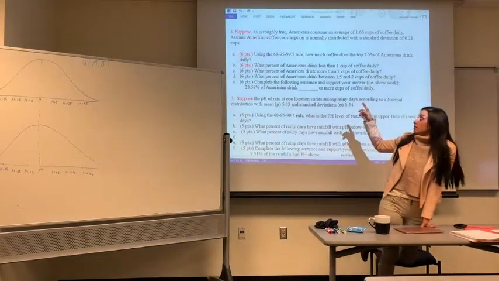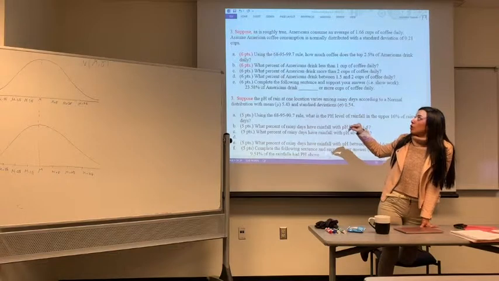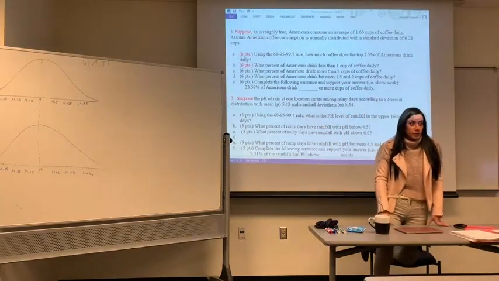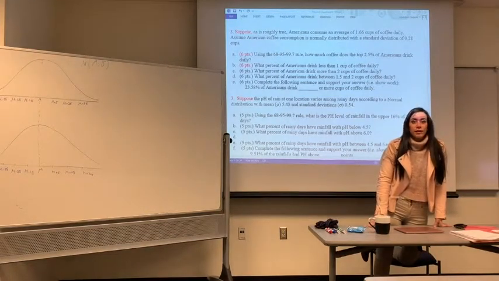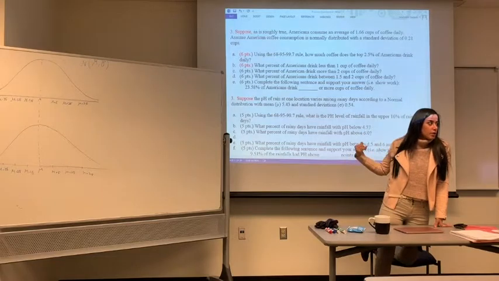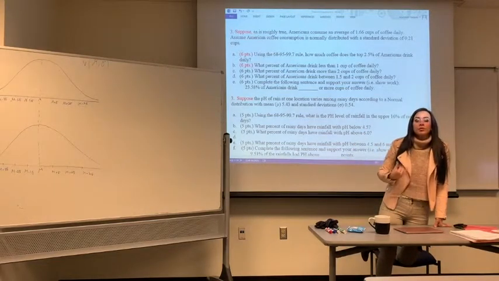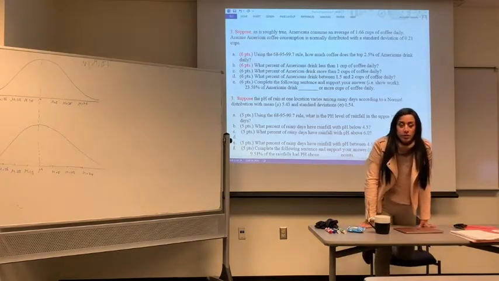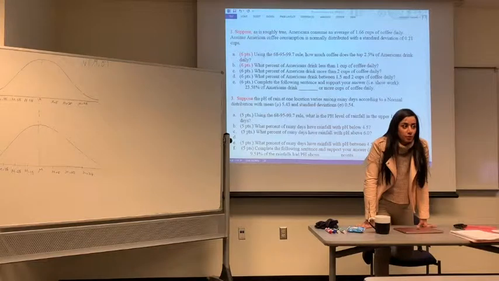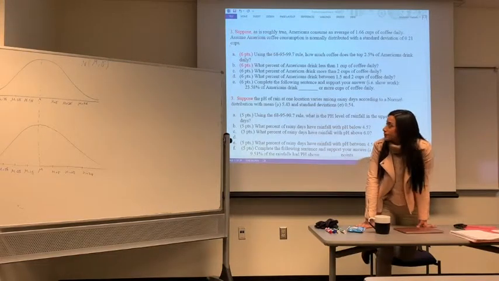Please write this down and try your best to solve A, because you should know how to solve it. I will give you 5 to 10 minutes to figure this out. And then we will continue, and today I'm going to teach the second method to find proportion or probability using normal distribution, okay?